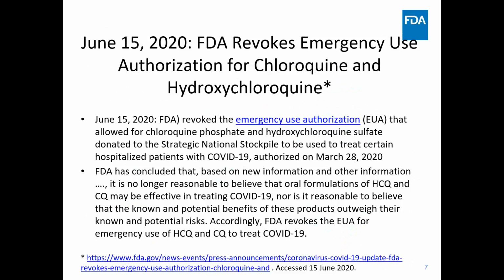And because of that, the EUA for emergency use of hydroxychloroquine and chloroquine to treat COVID-19 has been revoked. And then you can see the letter of revocation. It has a memorandum that follows it that explains and highlights the data sources that informed the decision.